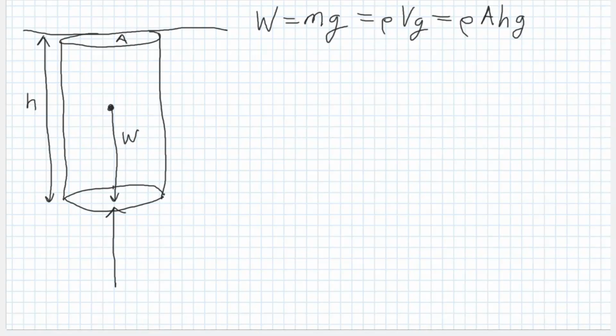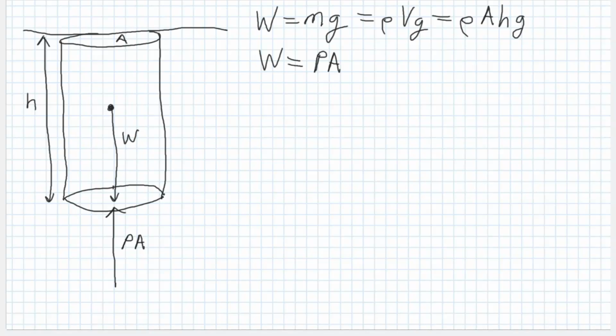Now, because our cylinder is neither accelerating upwards or downwards, we know it's in translational equilibrium, which means that the pressure of the fluid at the bottom of the cylinder is pushing upwards with the same force. And we know pressure times area is force, so the weight is equal to the force of the fluid, which is the pressure times the area.